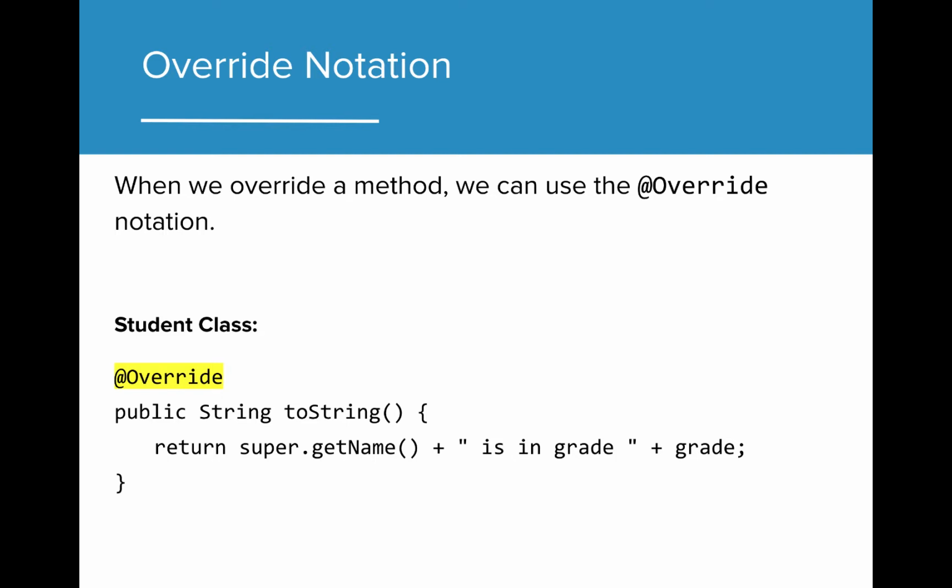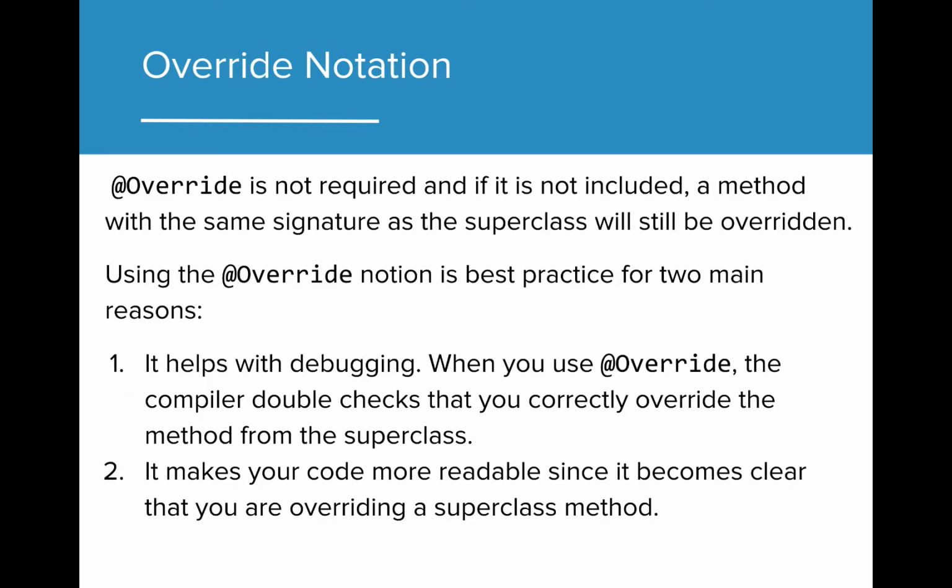To denote an override in Java, the best practice is to use the @override keyword in the line above the method signature. It is important to note that a method overrides a superclass when it has the same method signature, not because it includes the @override keyword. Including @override is not required. However, it is considered best practice for two main reasons.